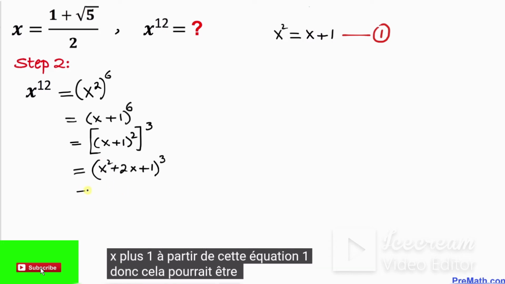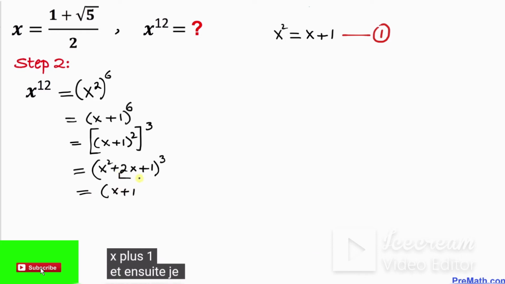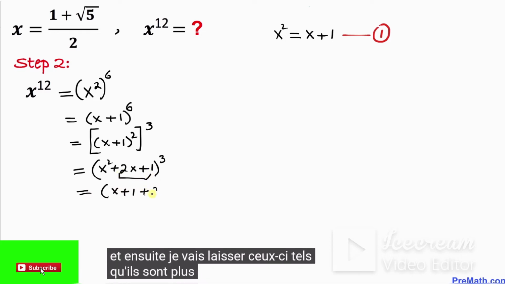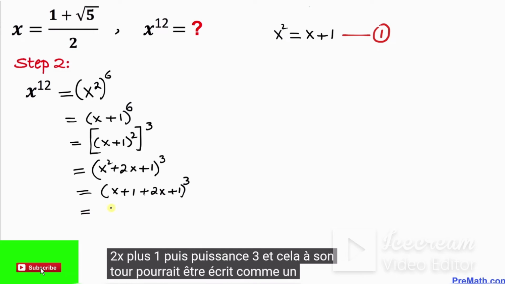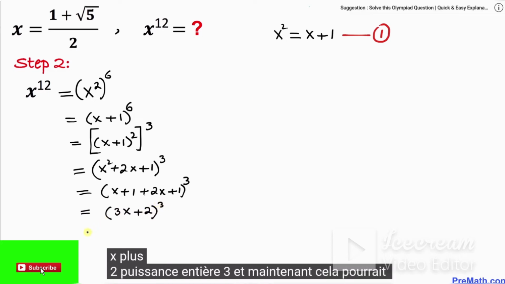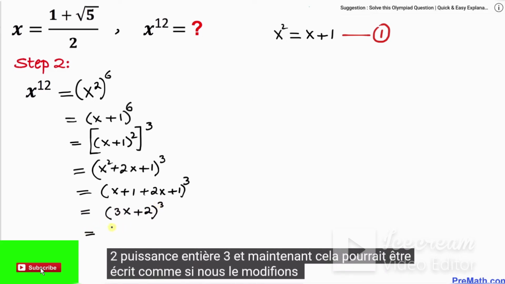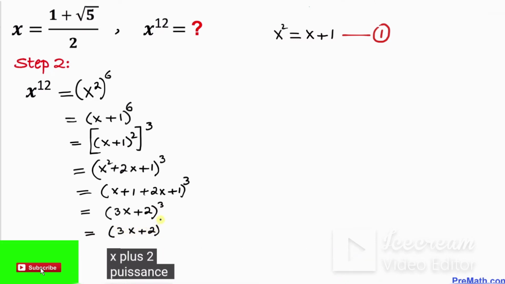So this could be written as (x plus 1, and I'm going to leave the rest as it is, plus 2x plus 1) and then power 3, and this in turn could be written as (3x plus 2) whole power 3. If we tweak it a little bit, this is (3x plus 2) power 2 and then (3x plus 2) power 1.